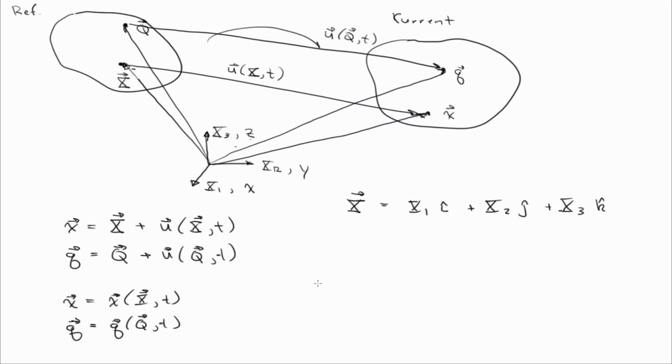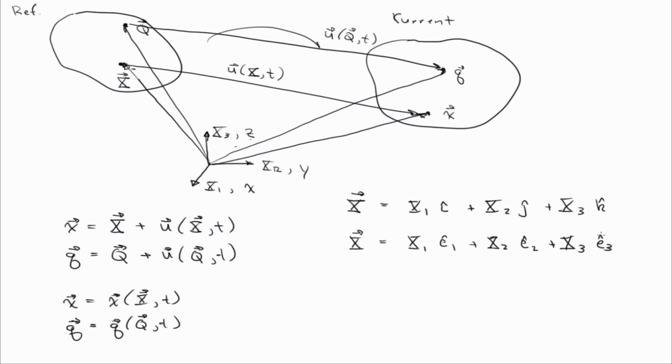Maybe you did that as an undergraduate. But here we're going to use something a little more general, in that we're going to say that x1 e1 hat, and I'll use a hat there, plus x2 e2 hat plus x3 e3 hat.